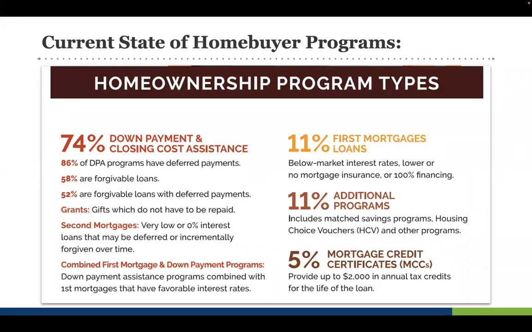They can offer benefits like below market interest rates, reduced mortgage insurance costs, and higher LTV financing. There are also sometimes matched savings programs, housing choice vouchers, employer DPAs, and so forth around the country.